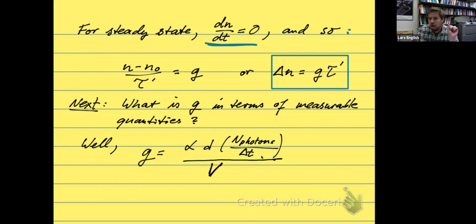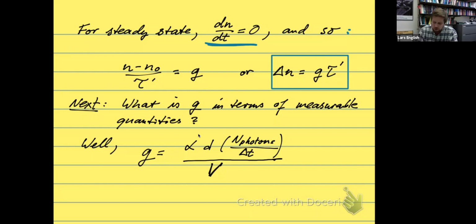But that can't be the end of the story, because not every single photon would be absorbed, right? Some of the photons may go right through the crystal and not be absorbed. And so we also have to factor in the absorption coefficient, alpha here.